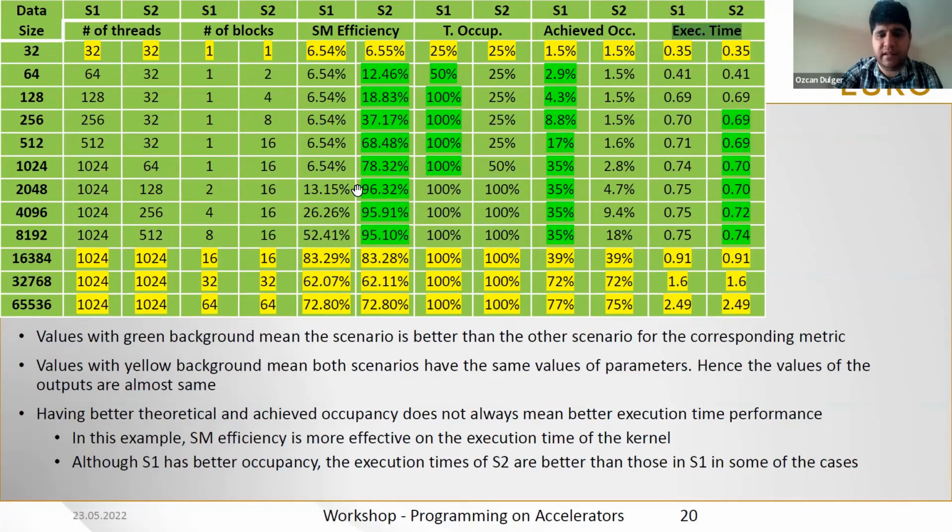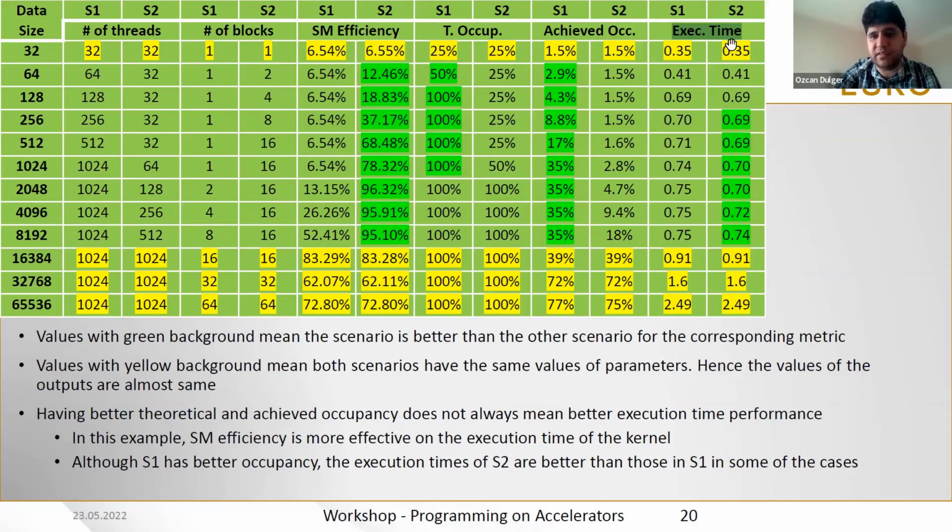These are expected results for us, as I told you before, because we try to distribute the blocks evenly to the streaming multiprocessors in the second scenario, and we try to increase the theoretical occupancy in the first scenario.